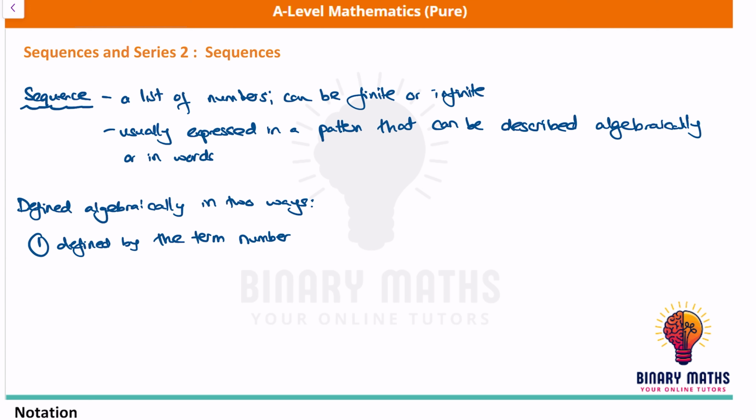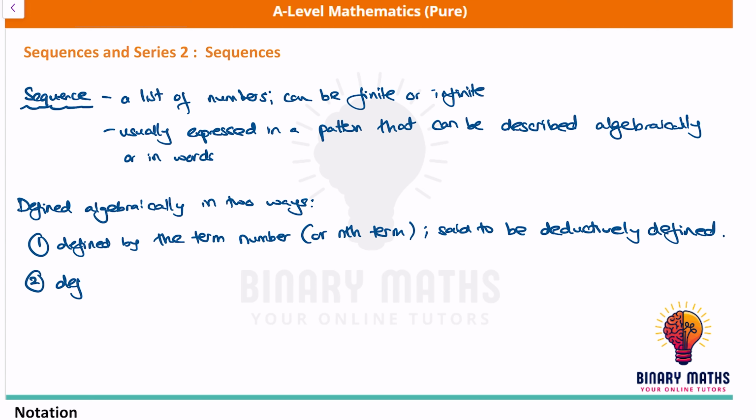This is normally called the nth term, and it is said to be deductively defined. The second way is defined from one term to the next.